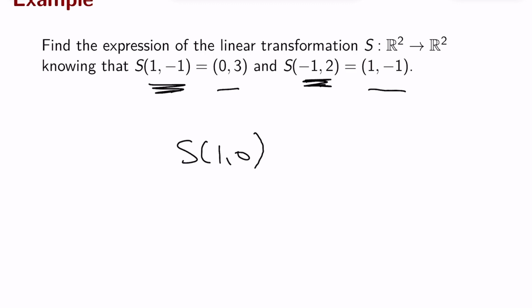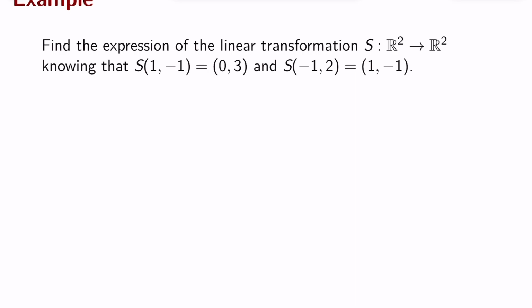But still, even if we don't have that, we can calculate it because we can put the vector 1, 0 in terms of the vectors that we have given here and use the properties of linear transformations, using the same procedure as before. So, for instance, 1, minus 1.